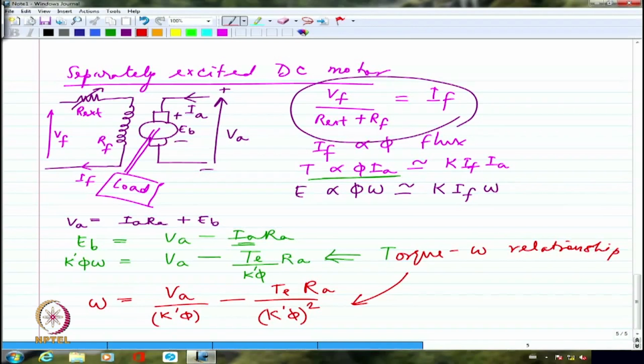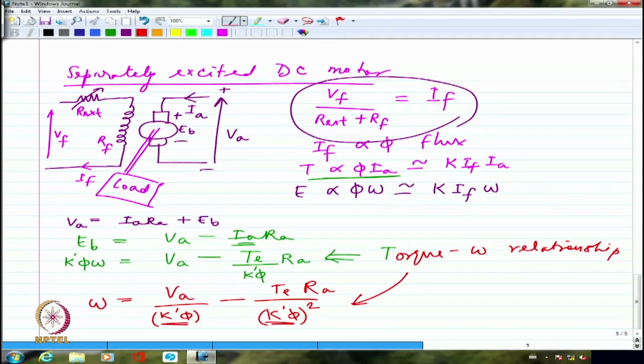And if I want to keep the flux as a constant, because it is a separately excited motor, I have complete control over the field current that I am passing. It is an independent supply. If I assume that I am keeping the field current at rated value, the flux is going to be a constant.